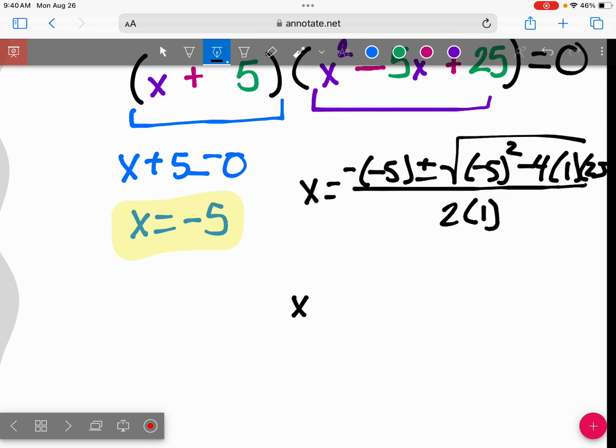So we're going to simplify these. We're going to have 5 plus or minus. What do we get inside the radical? Negative 75.